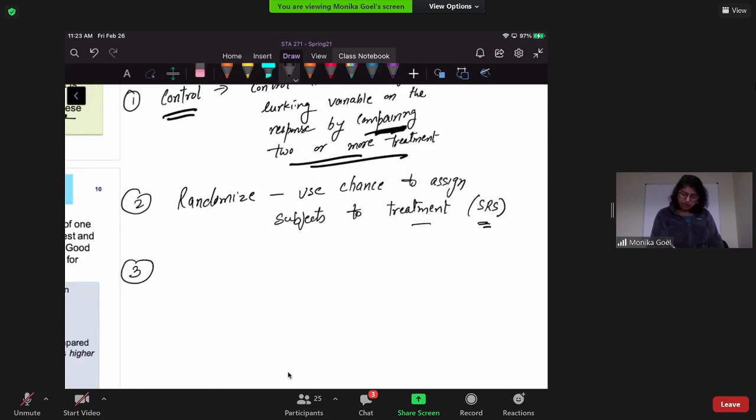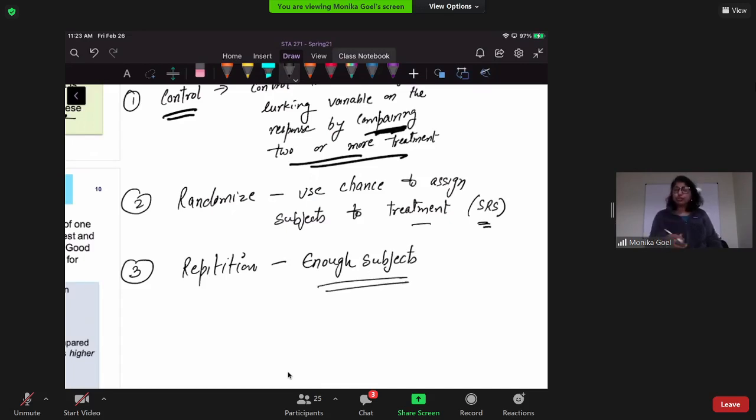And the third, or the most important one, we call it repetition. Or another word, you can say enough subject. So you should have enough subjects. When we are applying the treatments, to who? We are applying the treatments to subjects.